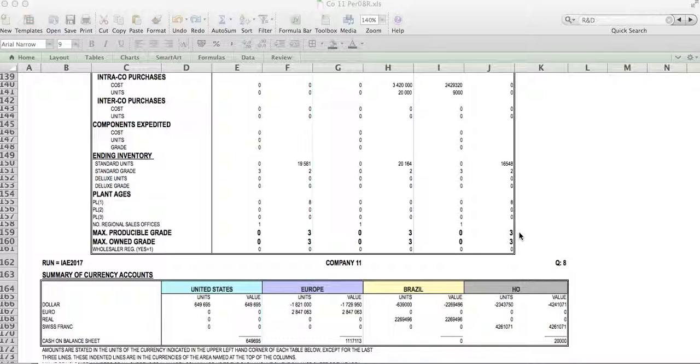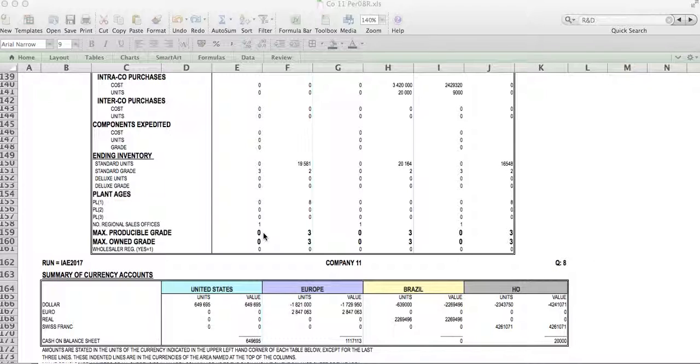If you license in a patent, then it is by area. And it may be that you have only a license for US or for Europe. So always pay attention to these lines, 159, 160, because that's where you know which grade you own.